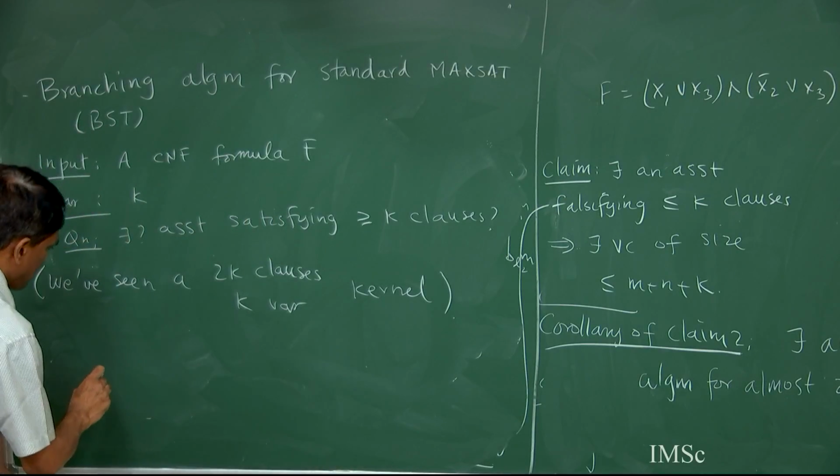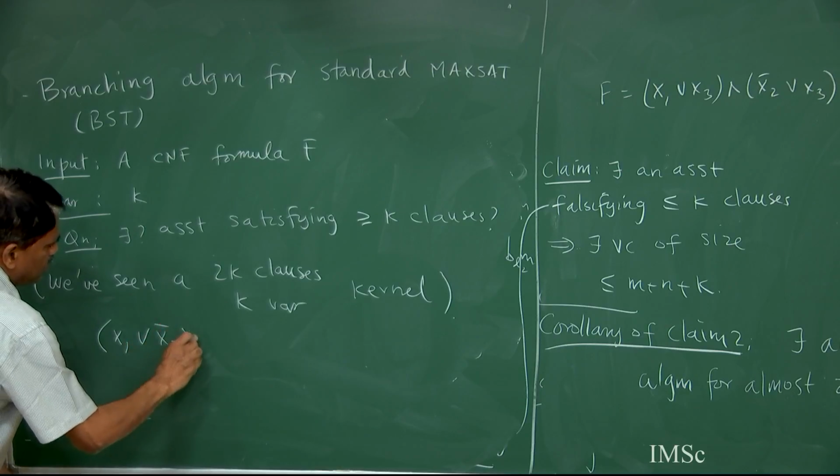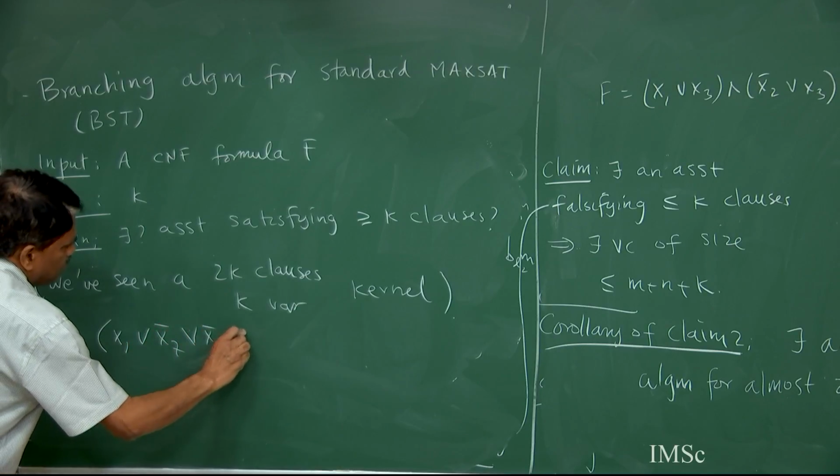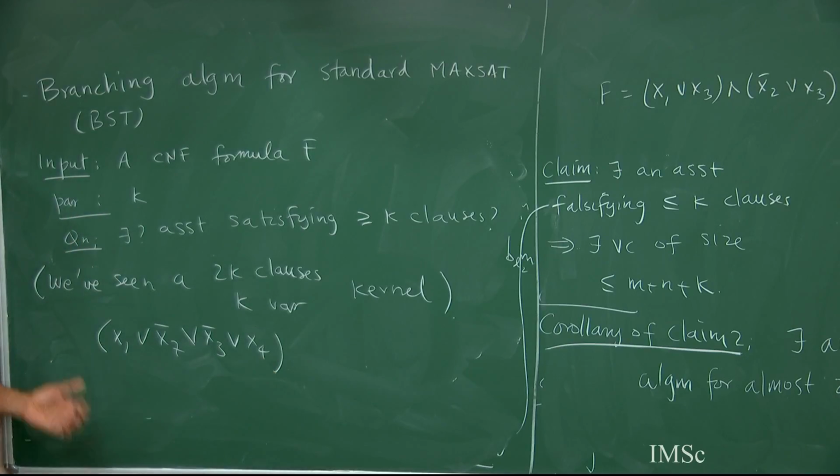Okay, so let's say I have a clause which is x1 or x7 bar or x3 bar or x4. This is one such clause. So, what are you going to do? We don't know that, right?